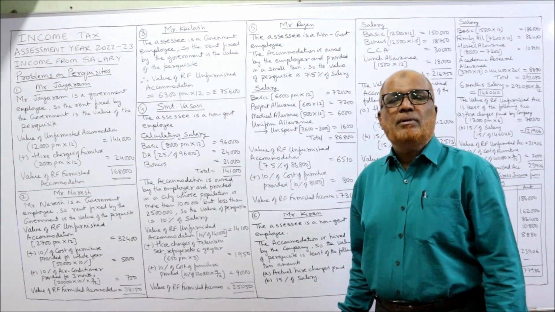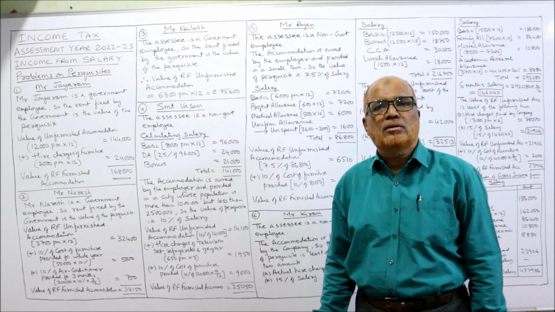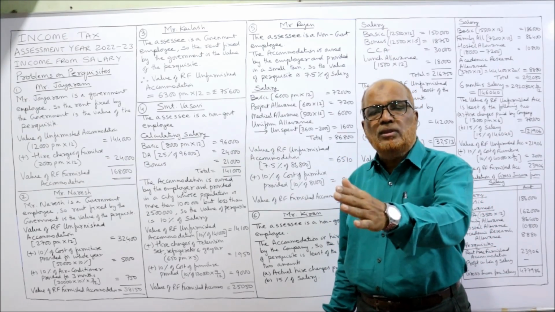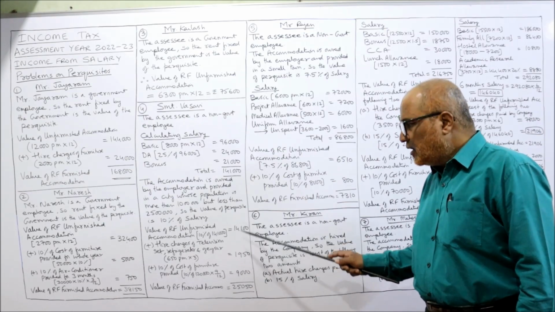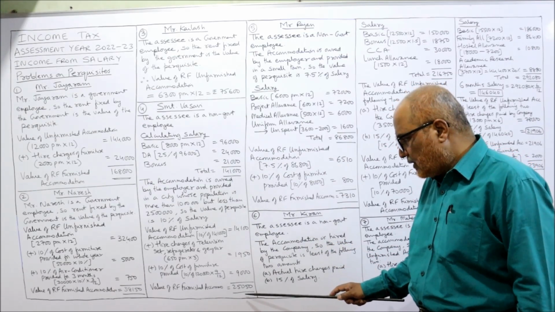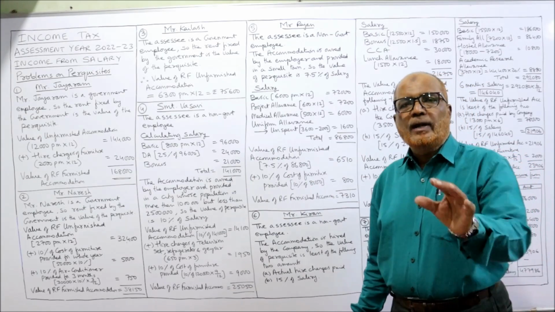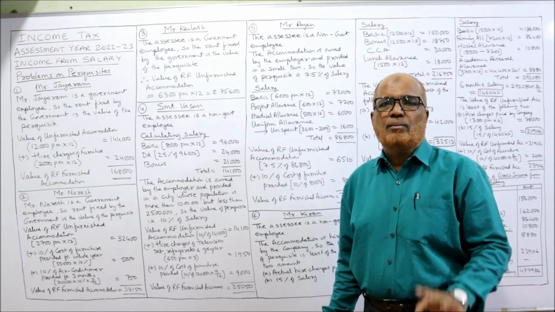The next 9 months, furniture is given. The cost of the furniture is 1,20,000. So 1,20,000 into 10% into 9 by 12. It comes to 9,000. Take the total, 25,050. So 25,050 is the value of rent-free furnished accommodation.